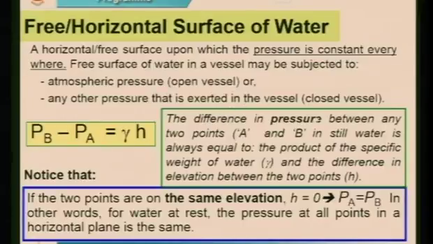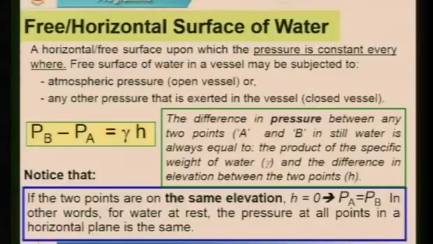The difference in pressure between any two points, say A and B, is always equal to the product of the specific weight of water and the difference in elevation between the two points. Okay. So if I take two points and I would like to know the difference, it will be equal to gamma W into H, that is the intensity of pressure. If the two points are at the same elevation, A and B, the pressure will be the same.